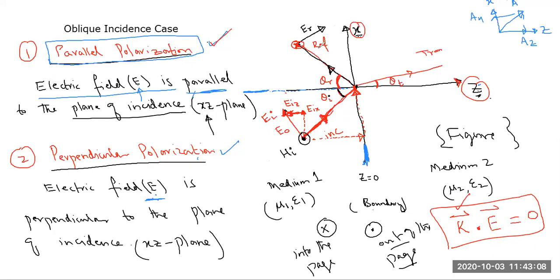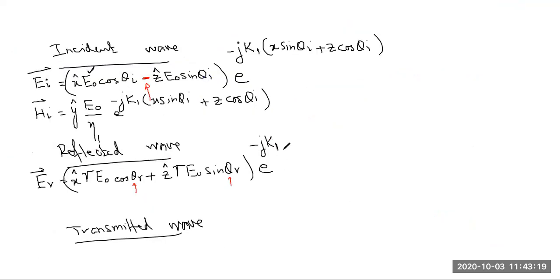Because both the reflected and incident waves are in medium 1, and this medium 1 is represented by the propagation constant k1. So what you will write down, this vector will become e power minus jk1, and you will have x sine theta minus z cos theta.